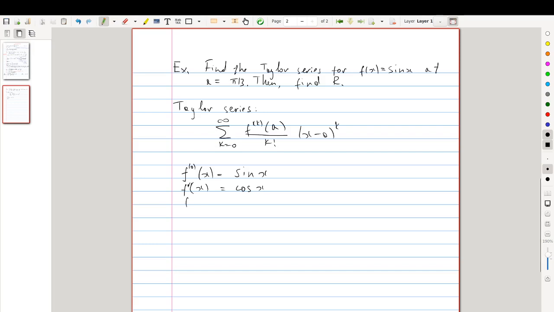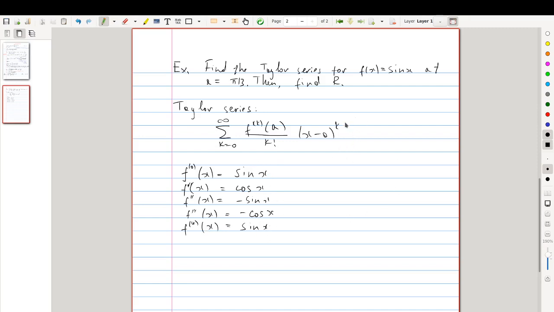The second is minus sine x. Third is minus cosine x. And finally, the fourth derivative is again sine x. So there we have this periodicity of derivatives revealed.